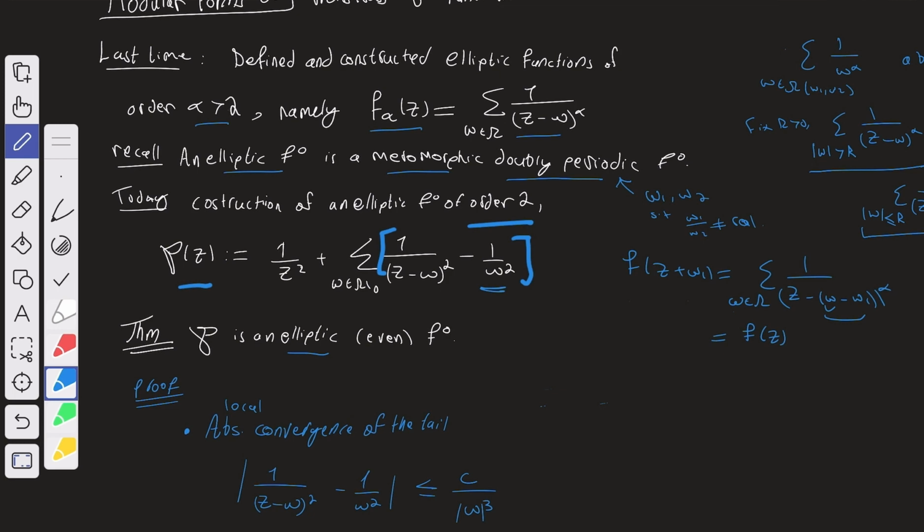So we needed some sort of independence of rearrangement, and this was guaranteed by absolute convergence. So this correcting term is added to guarantee the absolute convergence of this series.